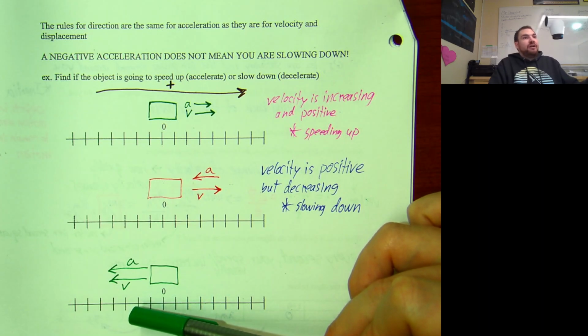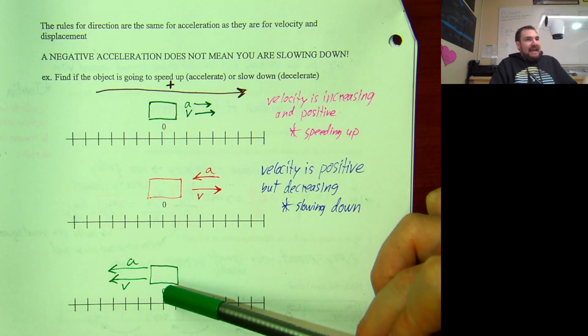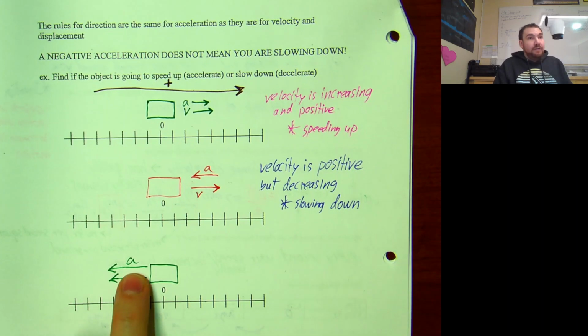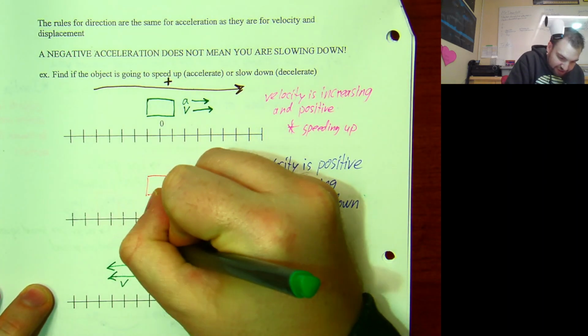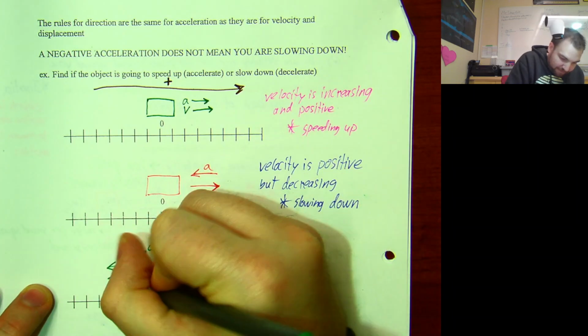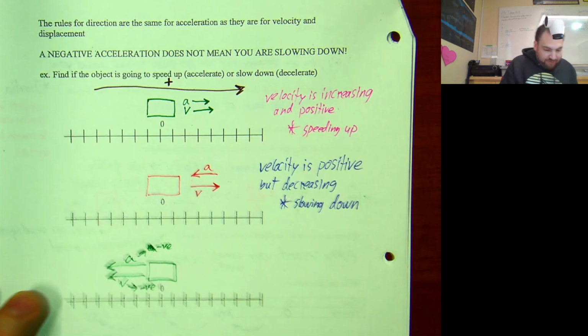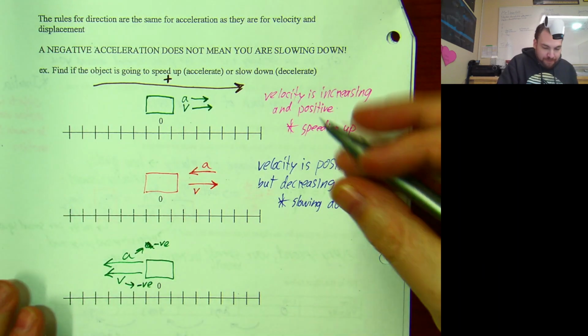It's getting larger negatively. It's getting more and more negative, which means this thing's going faster and faster in a negative direction. So I've got a negative acceleration here. This implies my acceleration is negative. My velocity is negative. I shouldn't have put the A there. I should have put just the negative. But when they're both negative, it means the acceleration and the velocity are acting in the same direction.